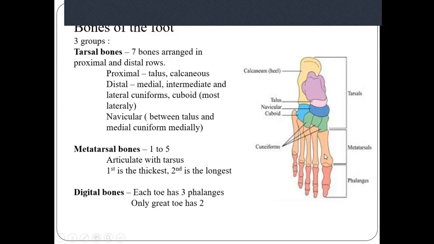There are 5 bones, 1 to 5, from medial to lateral. These 5 bones articulate with the distal row of the tarsal bones. The first metatarsal bone is the thickest one, and the second metatarsal bone is the longest one.